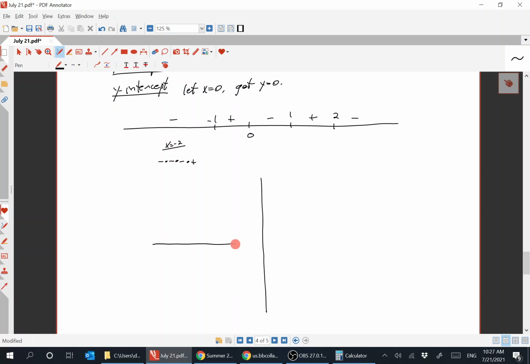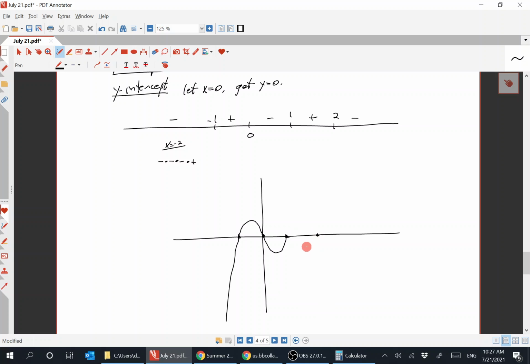Oh, and also the end behavior of polynomial functions is that they march off to infinity. So here's negative 1, 0, 1, and 2. And we're negative after the negative 1. This is an x-intercept.